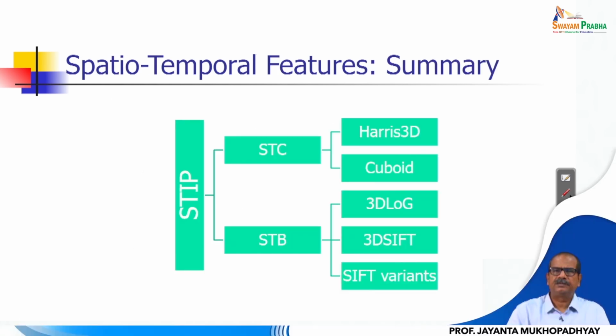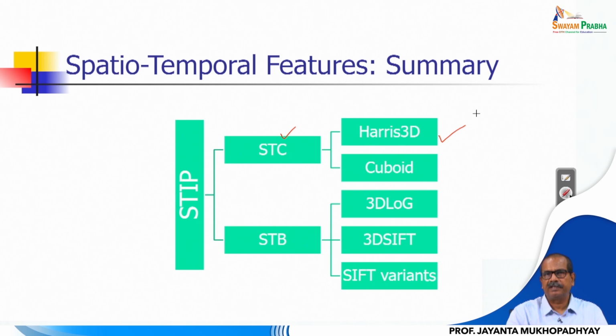So just to summarize the different types of techniques, some of them I described here, and some of them are mentioned here. It is easier to understand. So for the spatio-temporal interest points, there are spatio-temporal corners, and the method which we have discussed is the Harris 3D method.